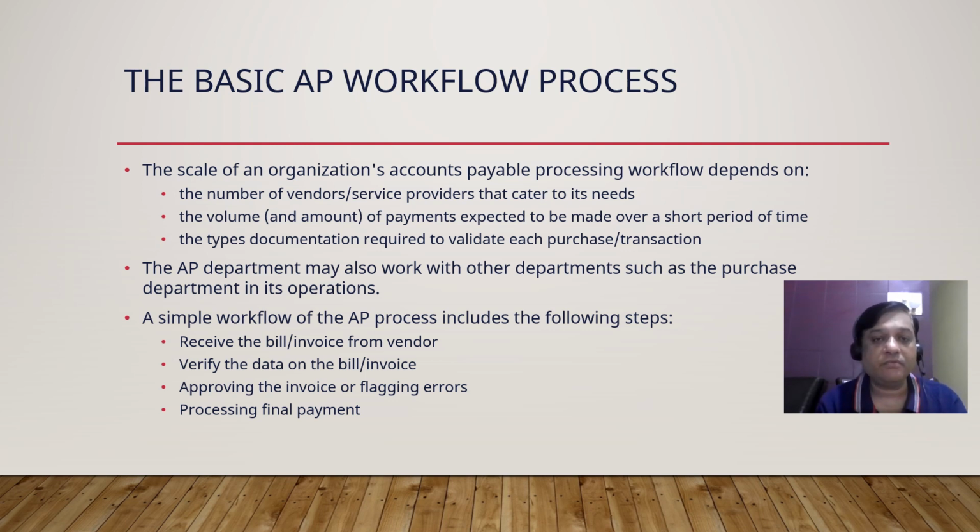Invoice approval: once the details of the invoice are captured, the next part of the workflow is to get the invoice approved. Approval can also be a manual process for companies not leveraging an AP automation platform.